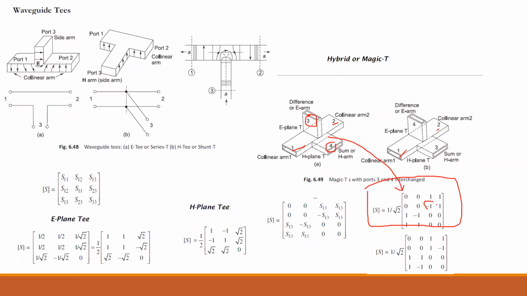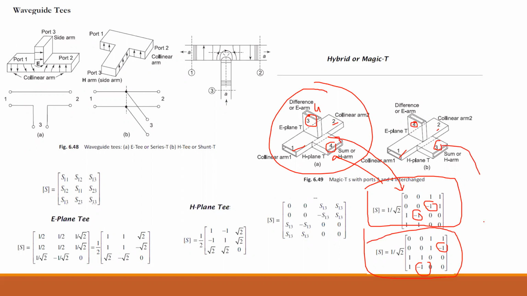So only there will be a change in the signs what you will be using. That is, you're changing the references. If you make this 4 and this 3, that is 3 and 4, then you can see that these elements get interchanged.